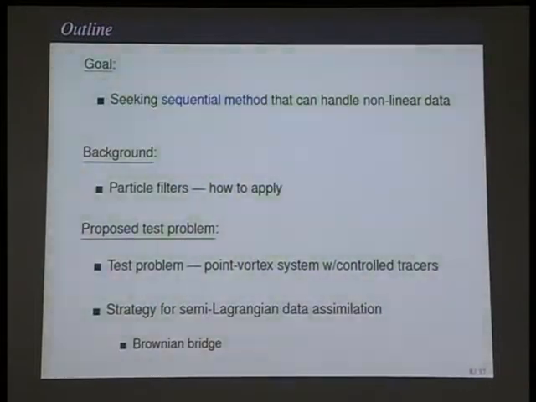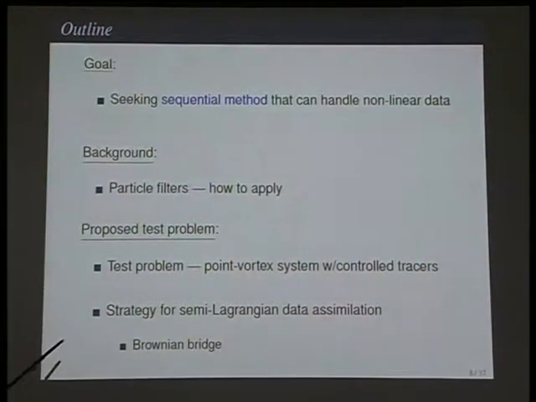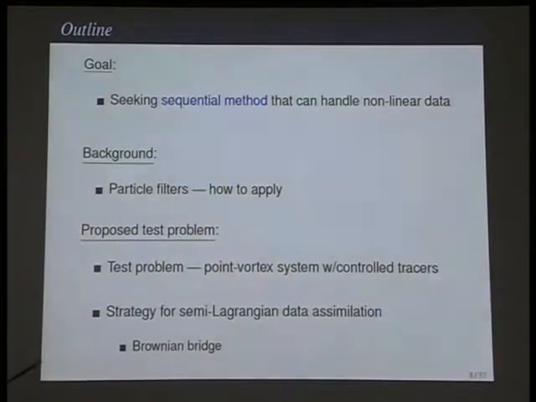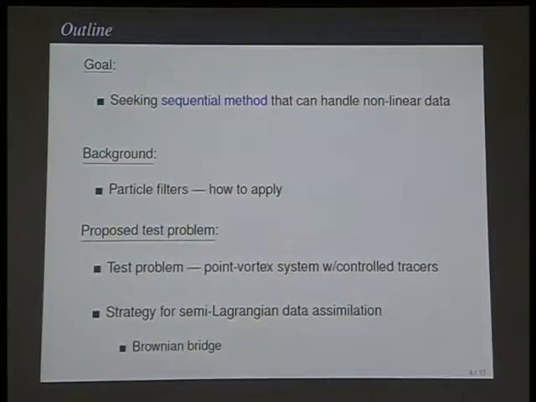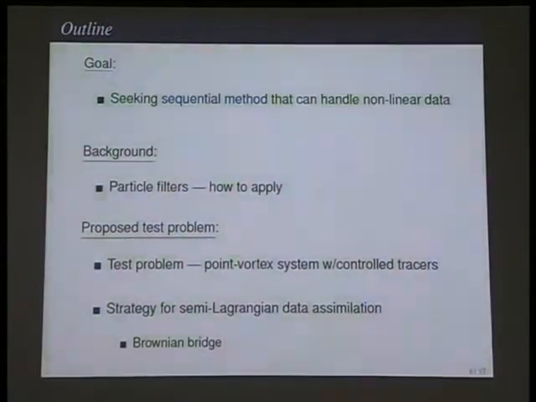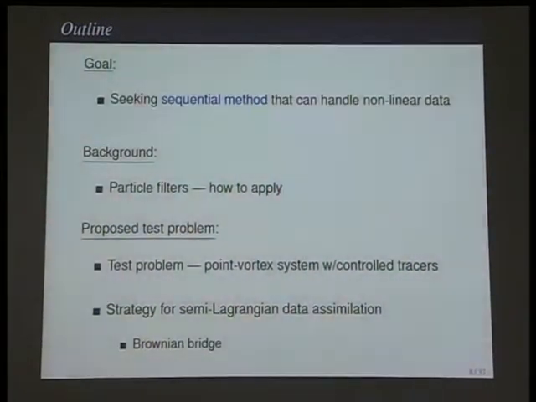So this test problem is a point vortex system, which we'll talk about, and I think you'll hear more about today. And we'll talk about the strategy I'm using for semi-Lagrangian. So I'm calling it the semi-Lagrangian data assimilation because it's both steered and is moving with the ocean currents. And that'll be a Brownian bridge.